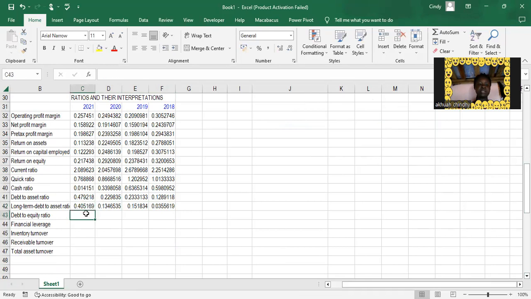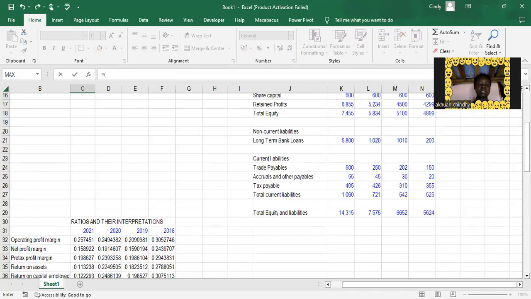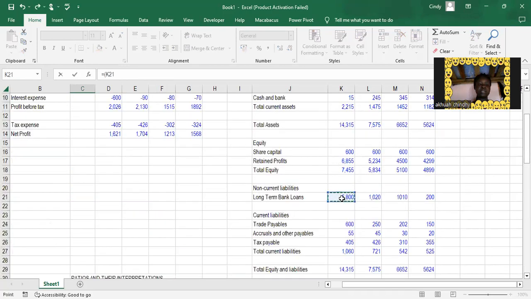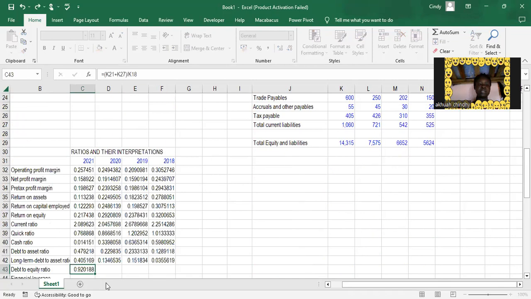Total debt will go to our balance sheet. We pick our long-term debt and then our current liabilities. Then we divide by our total equity, which is this one. Then we get our debt to equity ratio.